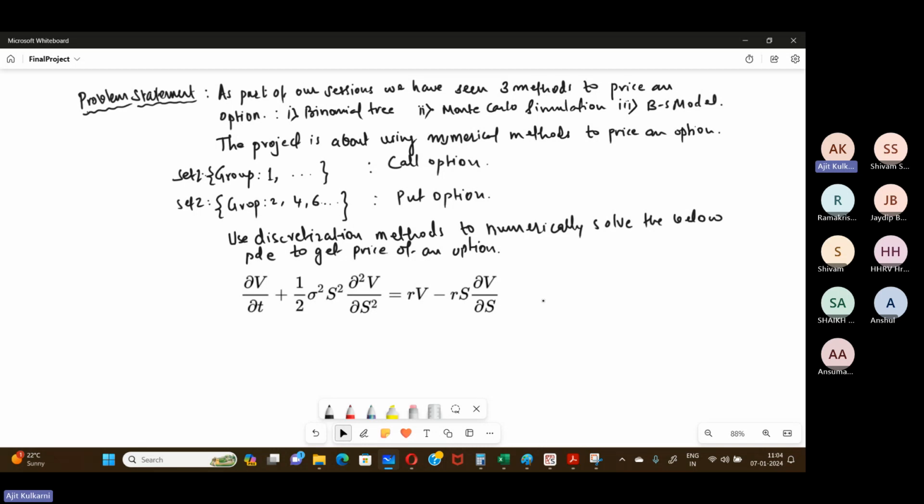Can somebody give some thoughts? How will you do it? People on the call, can you think of something which you will do numerically to get the price of an option?